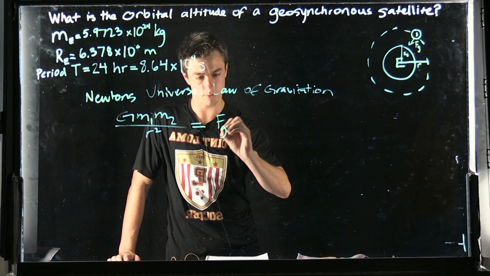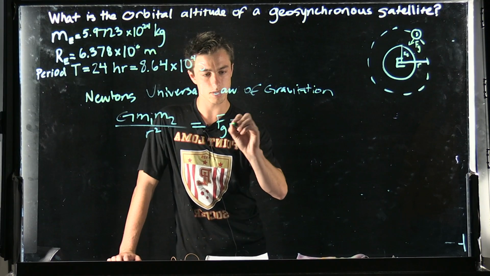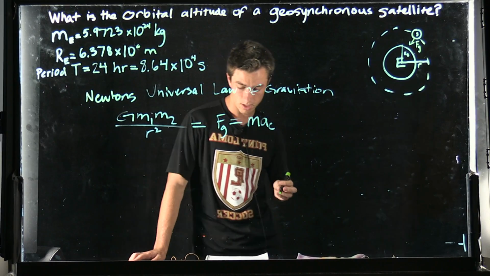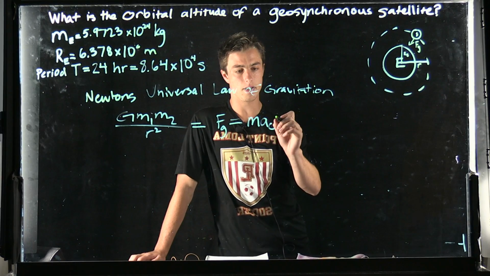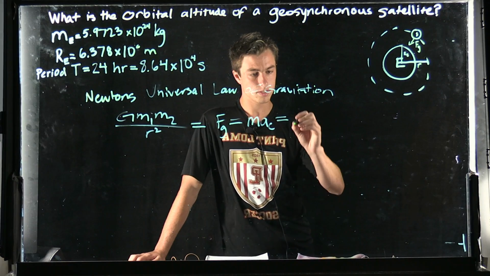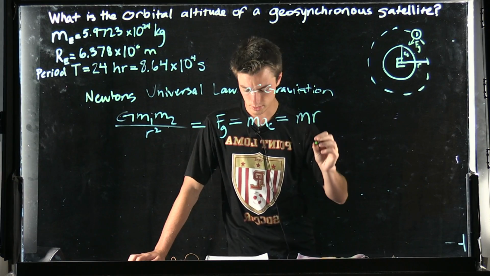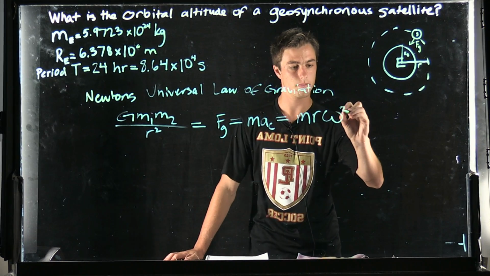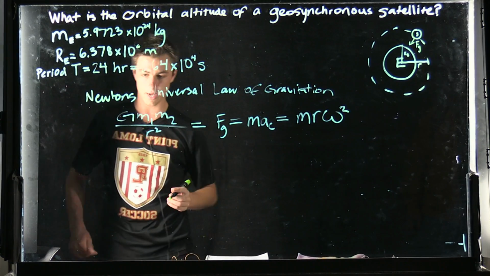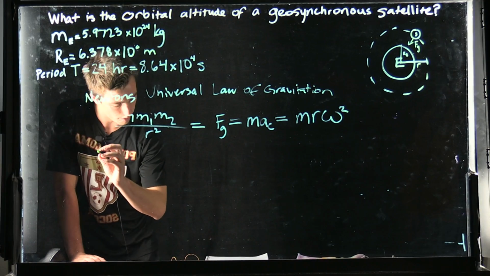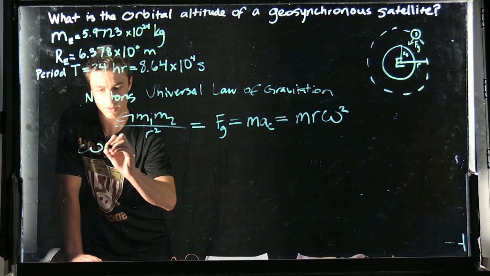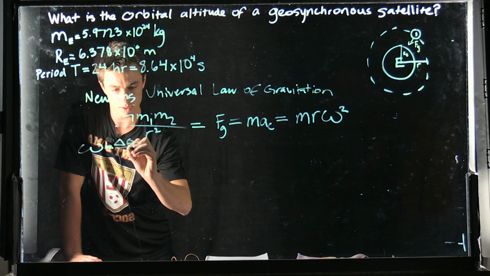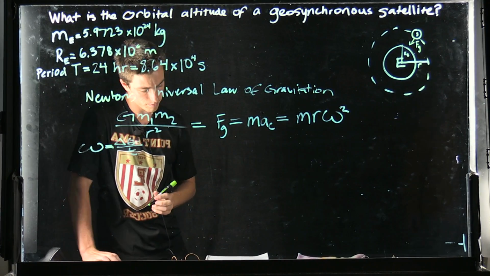We also have this equal to the force of gravity, which is equal to mass times centripetal acceleration, and this is equal to mass times the radius times angular velocity squared. So now we have to find angular velocity, and that would be delta theta over t, which is the period.